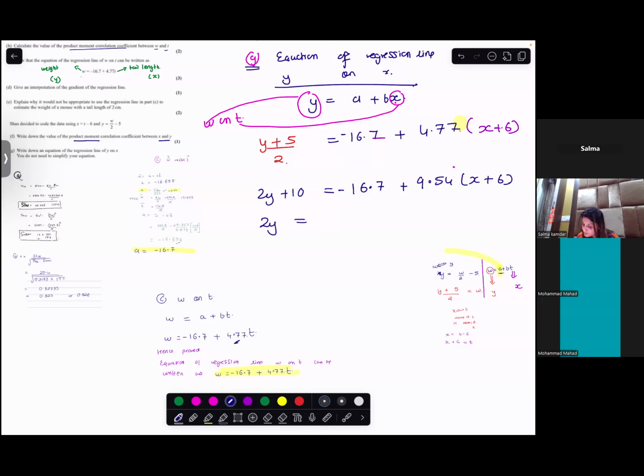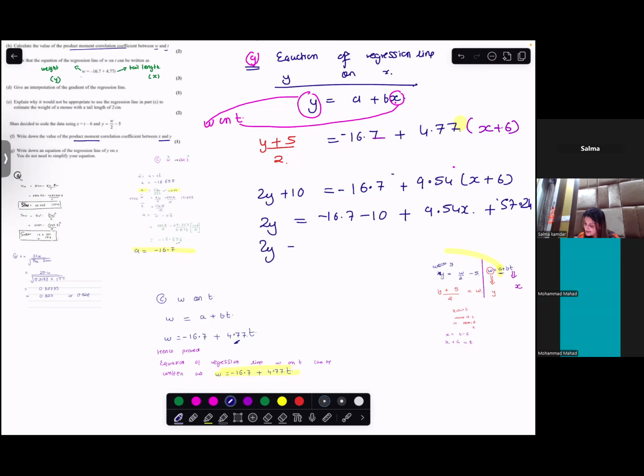So I have 2y is equal to minus 16.7 minus 10 plus 9.54x plus 57.24.